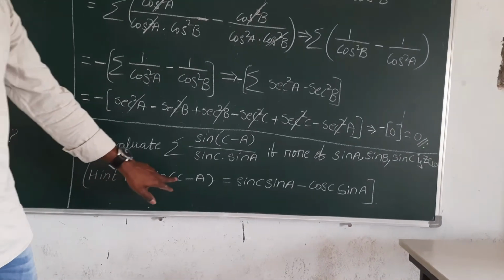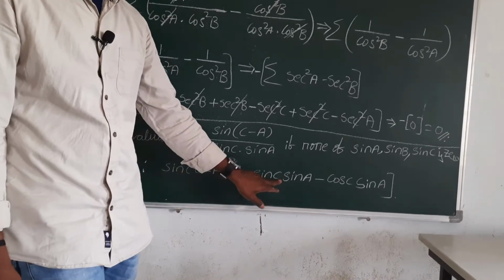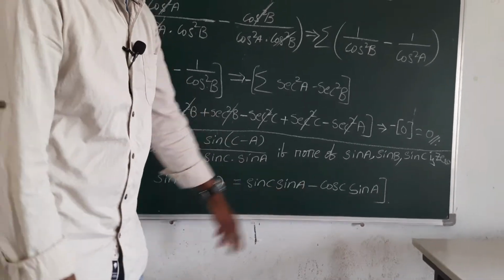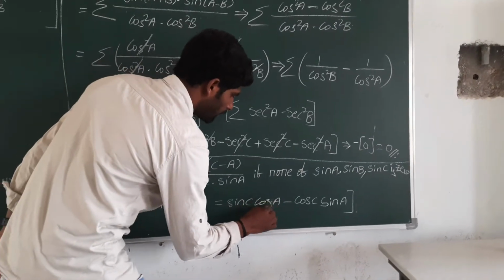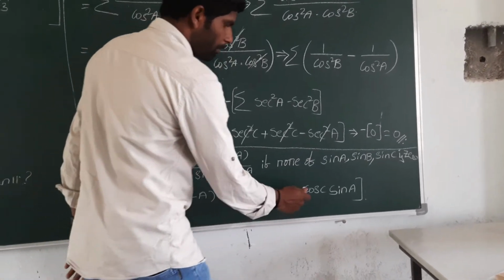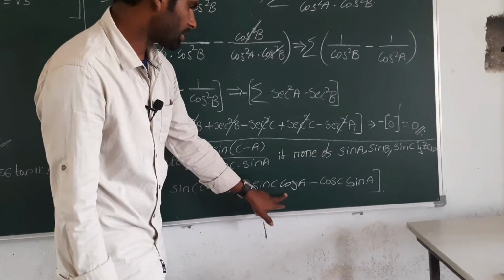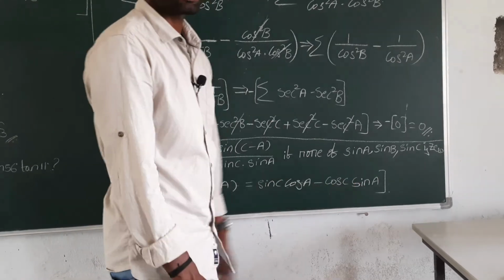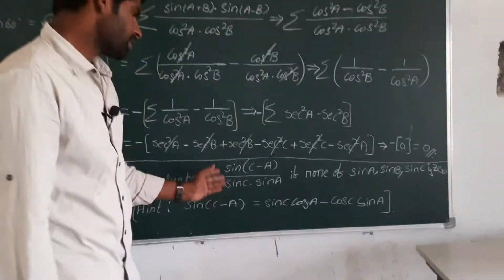Sin(C minus A) is equal to the formula: sin C cos A minus cos C sin A. You can follow this hint. You can find out like these steps to get the answer.